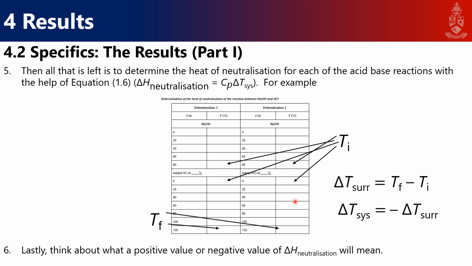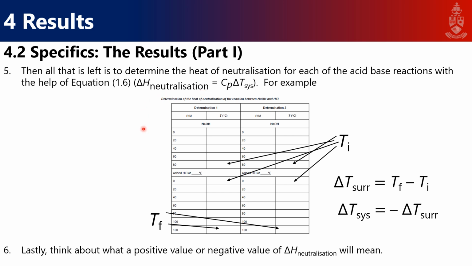So you say Tf minus Ti, and then you take the negative of that and you plug that into that equation. And of course, you need to think of what a positive or negative value for the heat of neutralization means. A negative value would mean we had an exothermic reaction. A positive value would mean we had an endothermic reaction.